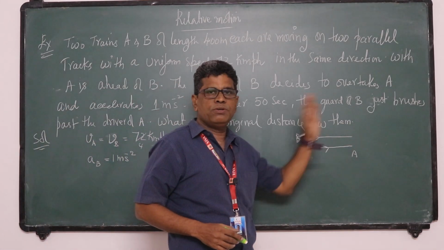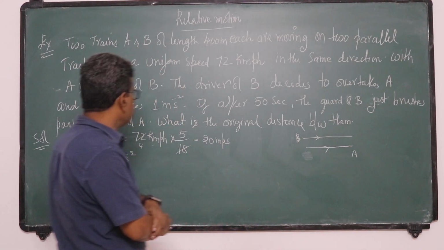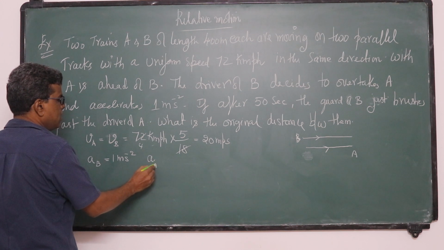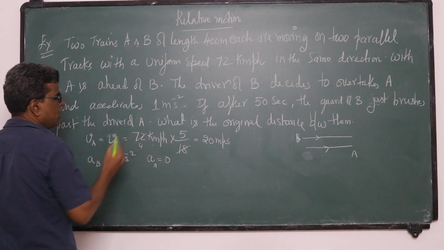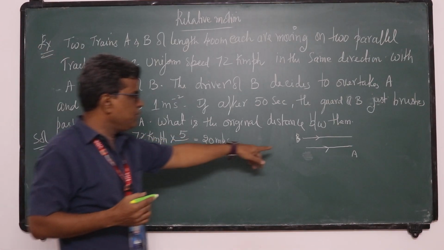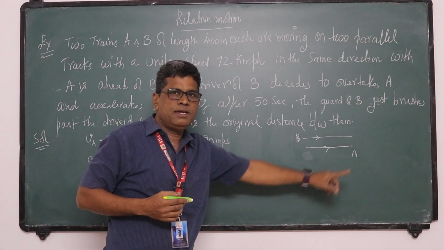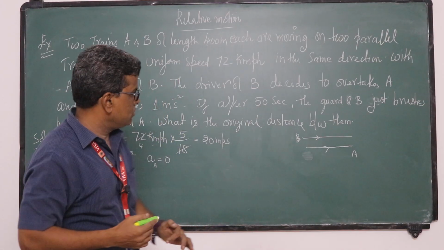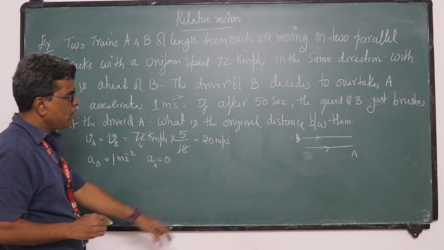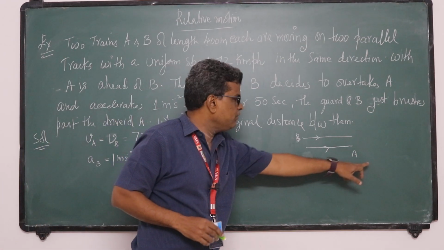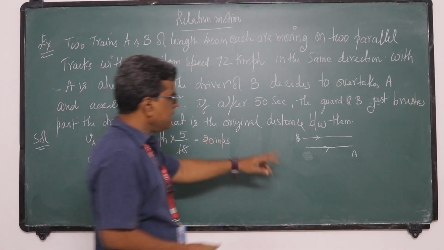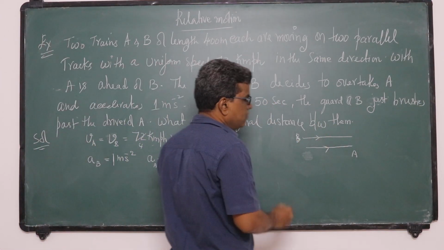It is still moving with uniform speed, and uniform speed means the acceleration of A is 0 because it is in uniform motion. After deciding to overtake A, B starts accelerating at 1. Now A is still moving with uniform speed. After 50 seconds, B crosses A.